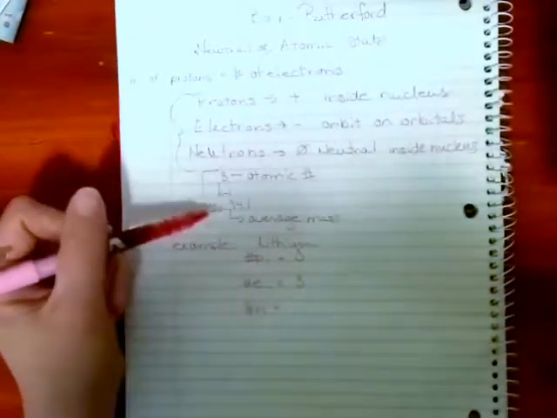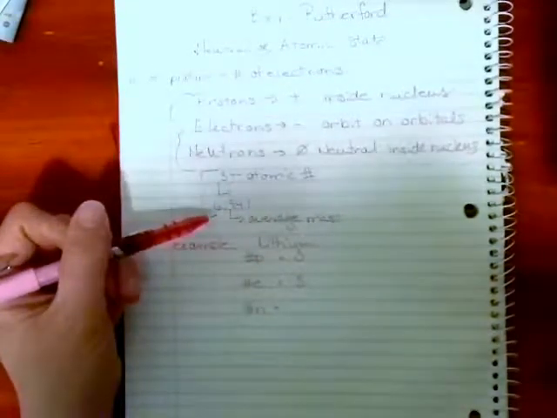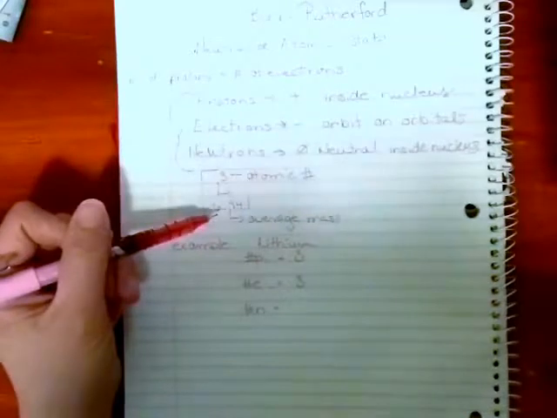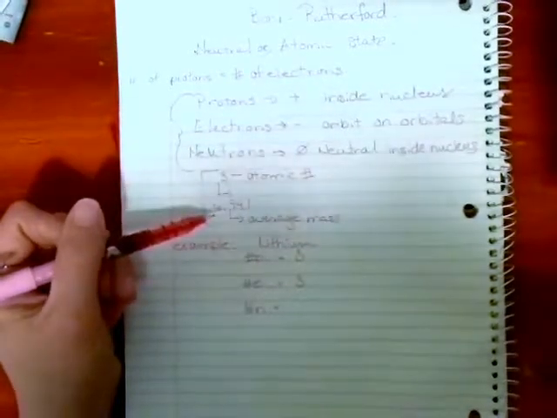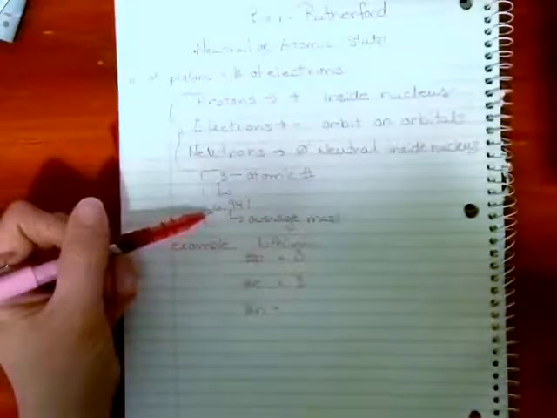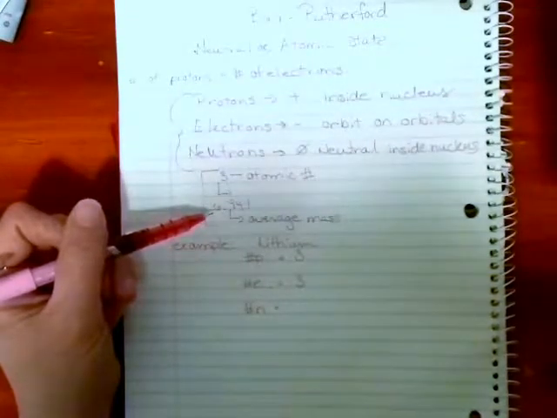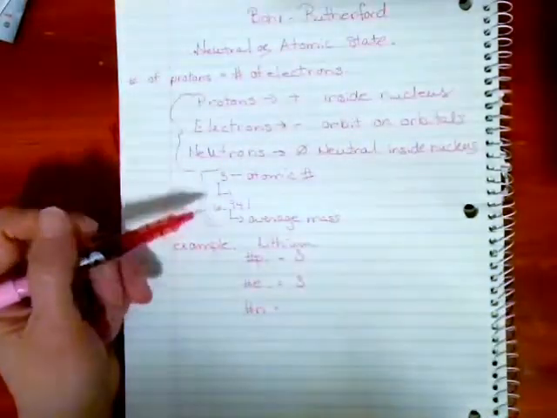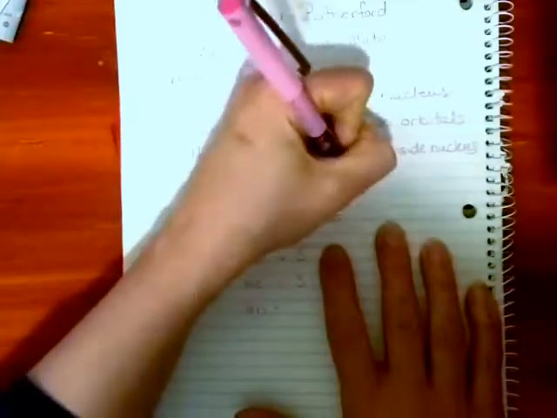And so when we look at the average atomic mass for an atom or an element, we neglect the electrons from this number. So all that's taken into consideration in this number is the number of protons and the number of neutrons.